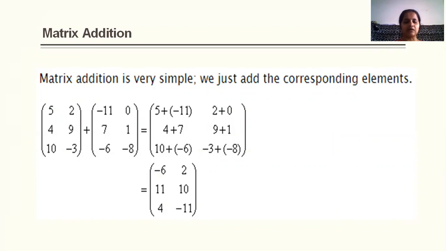We need to add two elements in the same position, like 5 plus minus 11, 2 plus 0, 4 plus 7, 9 plus 1, 10 plus minus 6, minus 3 plus minus 8. So the resulting matrix will be minus 6, 2, 11, 10, 4, minus 11.